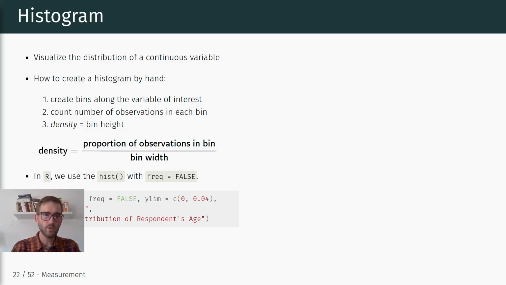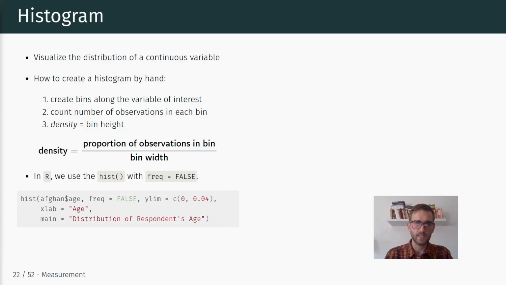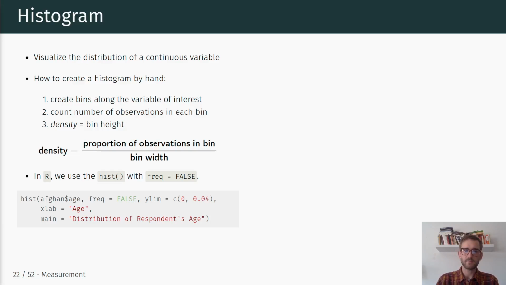All right. So that's the first category of plots. Another closely related category is called a histogram. A histogram helps us visualize the distribution of a continuous variable, right? So the bar plot helped us visualize the distribution of a categorical variable, and now we're looking at a continuous variable, right?